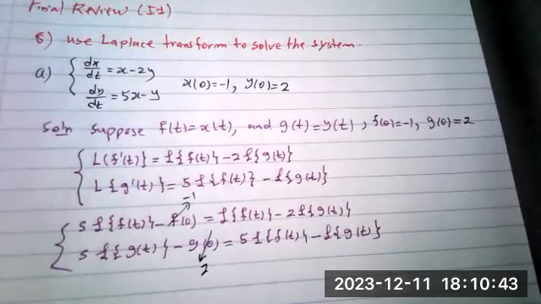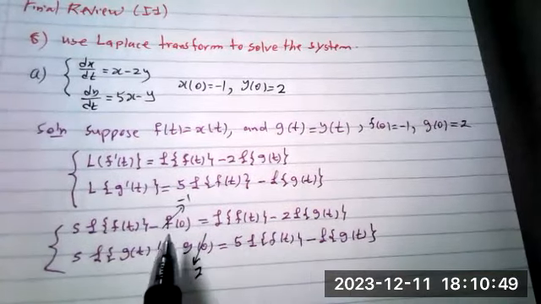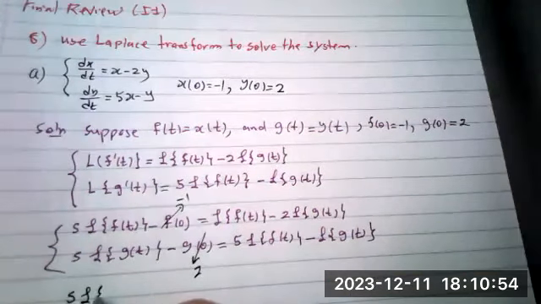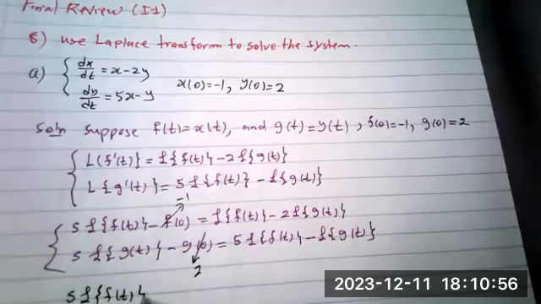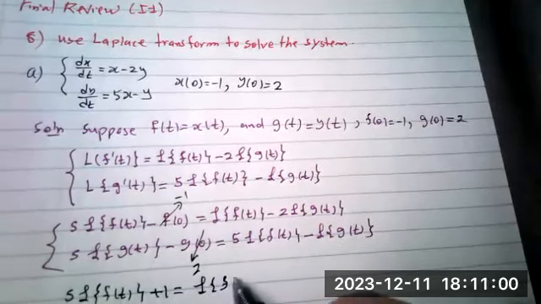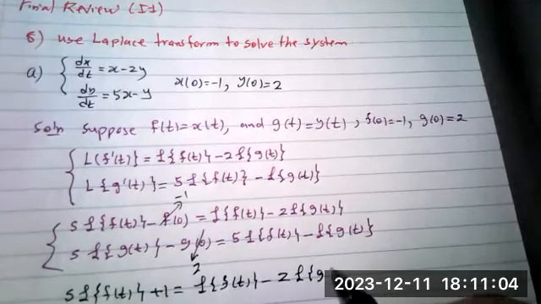Now I'm going to put them together as a system of equations. Negative with the positive, so s Laplace of f of t plus 1 equals Laplace of f of t minus 2 Laplace of g of t.